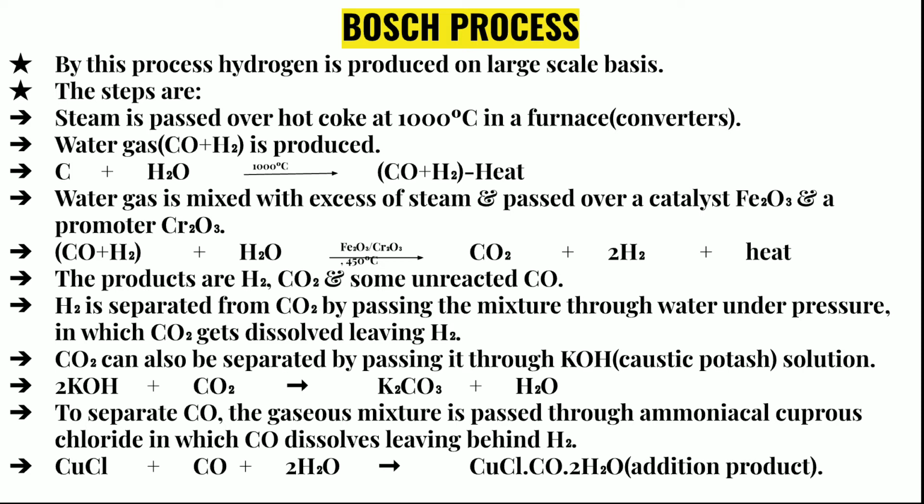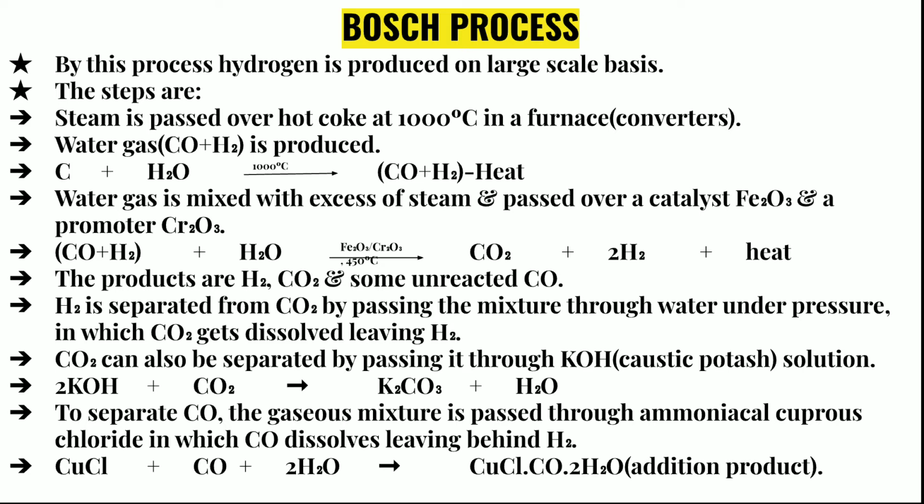Now we need to separate hydrogen because we are preparing hydrogen on a large scale basis. So hydrogen has to be separated from these two gases: one is carbon dioxide, another is carbon monoxide. So now we need to pass this mixture through water under pressure, where carbon dioxide gets dissolved and leaves behind the hydrogen, and some unreacted carbon monoxide is still left.